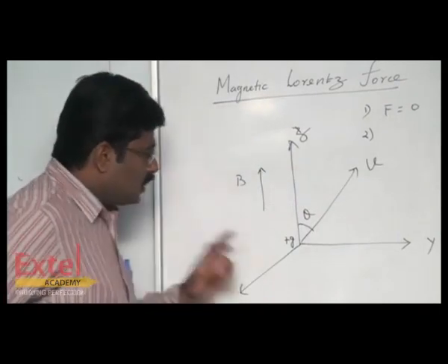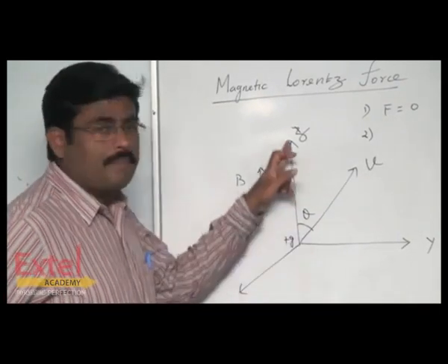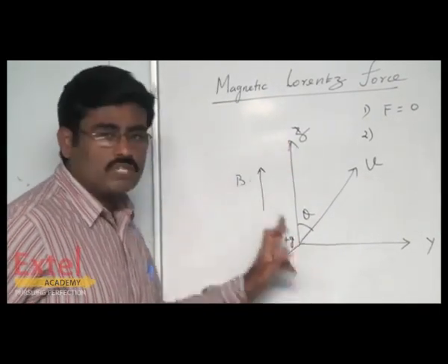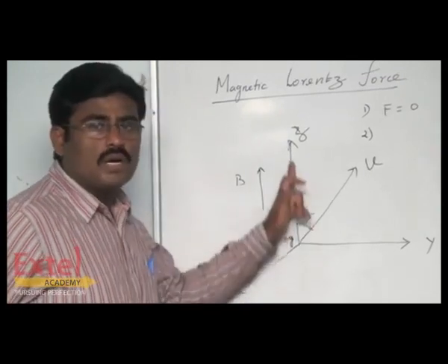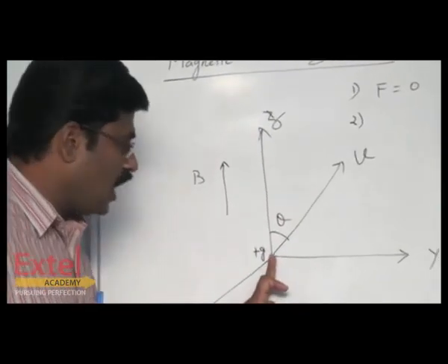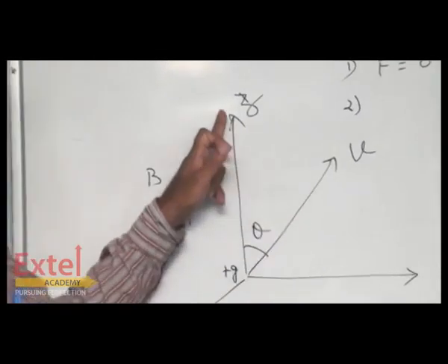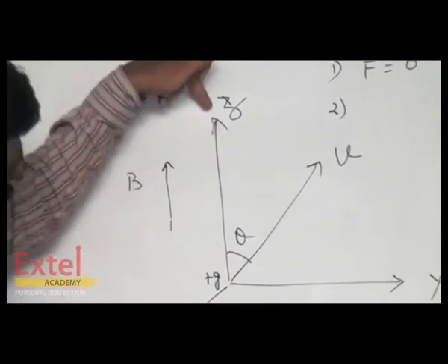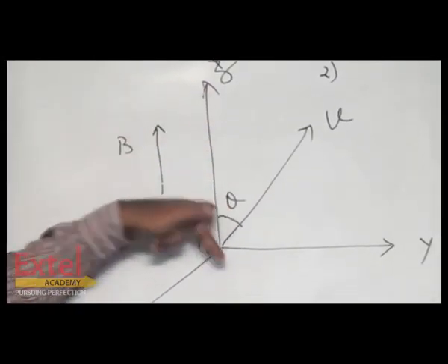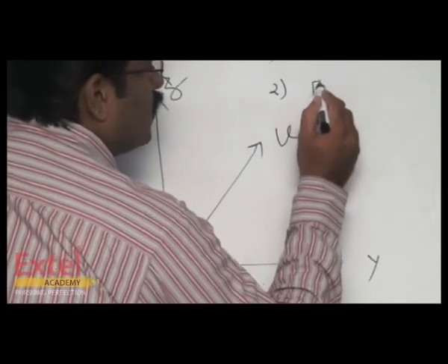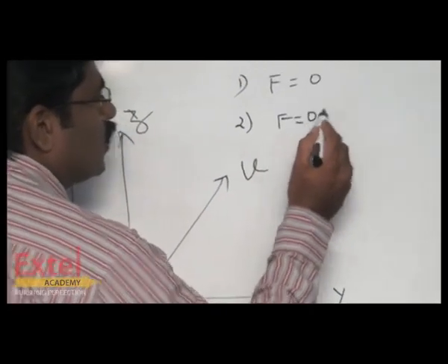Second point, when the charge moves either parallel, just look at my finger how I move along the axis, or anti-parallel to the magnetic field, then the force experienced by the charge is equal to 0.